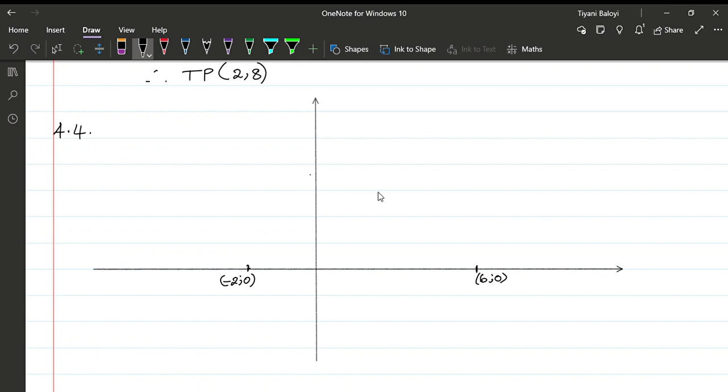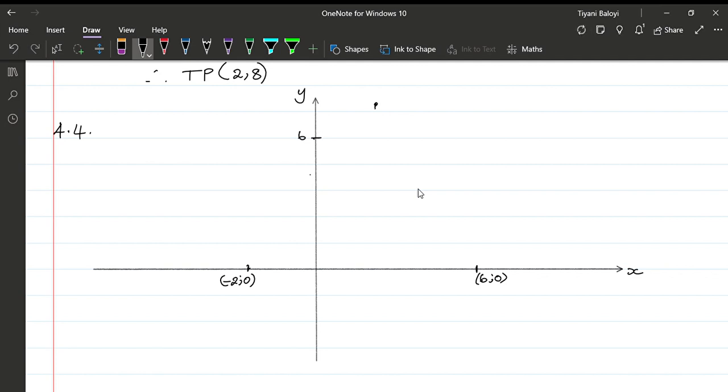So let's just do that, and then we put our y-intercept, which was 6. So let's have a similar distance around here. I will just have 6. Oh yeah, let's indicate this is the y-axis, and x-axis. And then we have our turning point. Let's just say this is 2, and then let's just put it around here.